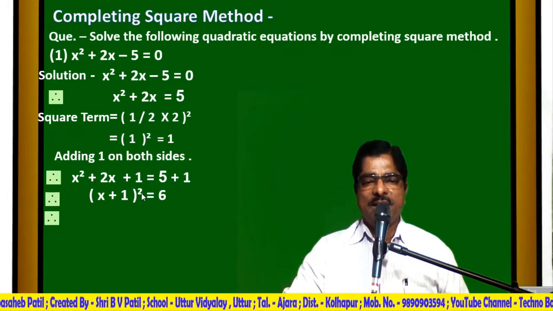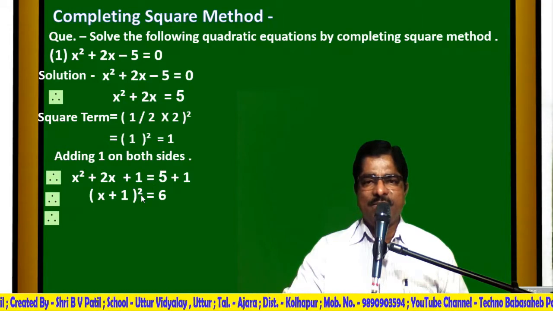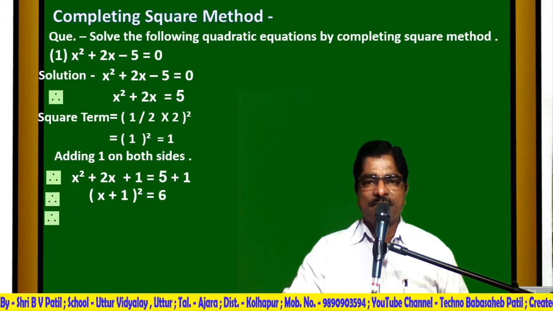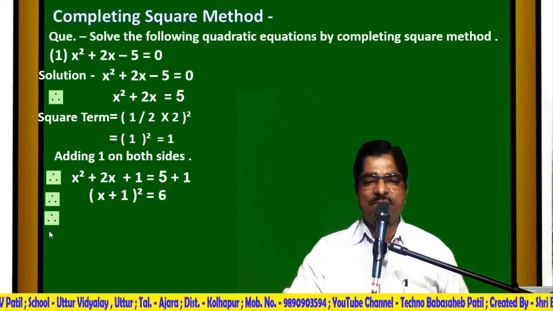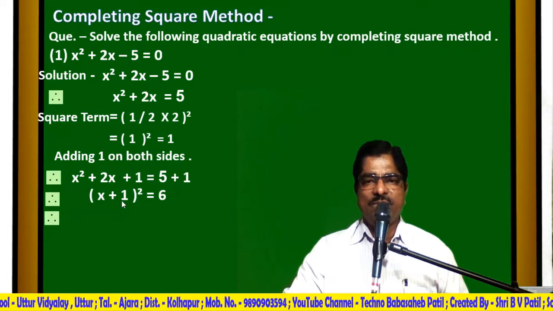Therefore, by which method do we remove the square? By taking the root. After taking the root, what do we get?